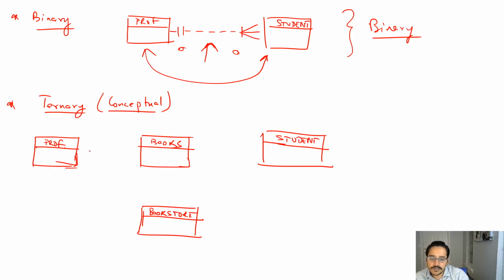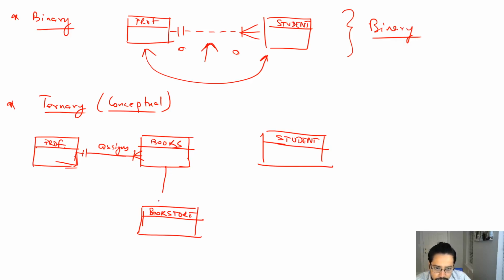So professor, let's say, assigns books. Books are, or a bookstore, how will it be? Will a book keep the bookstore, or will a bookstore keep the books? I think it's a bookstore that will keep the books.